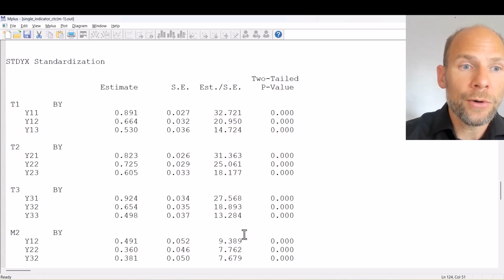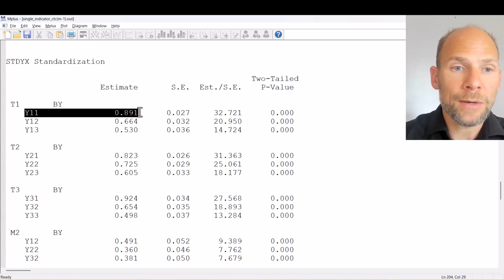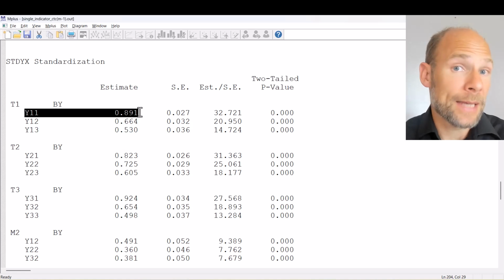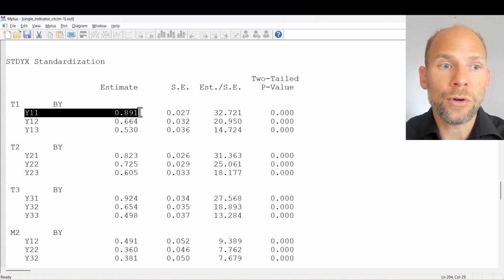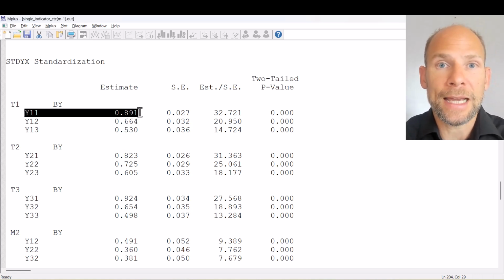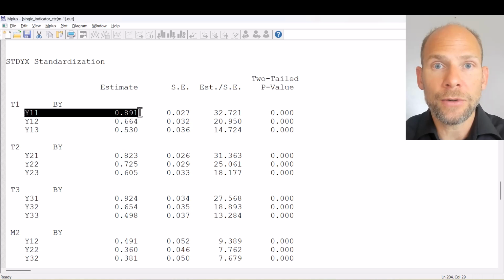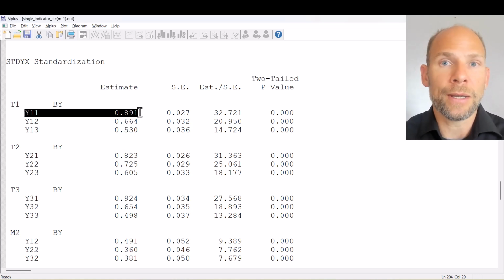First we can find the standardized factor loadings on the trait factors. Notice that the first variable, Y11, which would be the self-report of anxiety, has a pretty strong loading on T1, that's 0.891, showing that this is a reliable measure of this factor. And that should be the case because T1 is the anxiety factor as defined by self-report. So this loading tells us that this is a fairly good measure of self-reported anxiety in the sense of reliability.